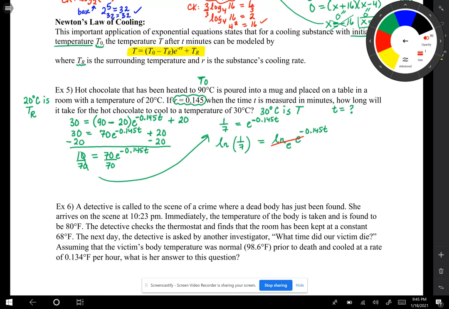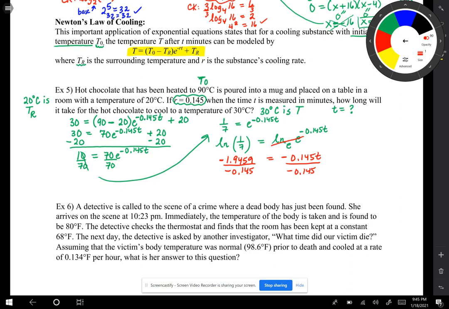On the left side, I did 1 divided by 7 as a decimal and then took the natural log of it, and I got negative 1.9459. On this side, I just had negative 0.145 t. Divide both sides by negative 0.145. A negative divided by a negative is a positive, and it better be because time is not negative.